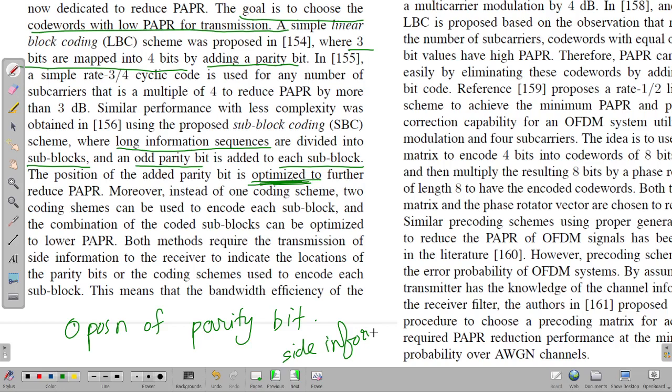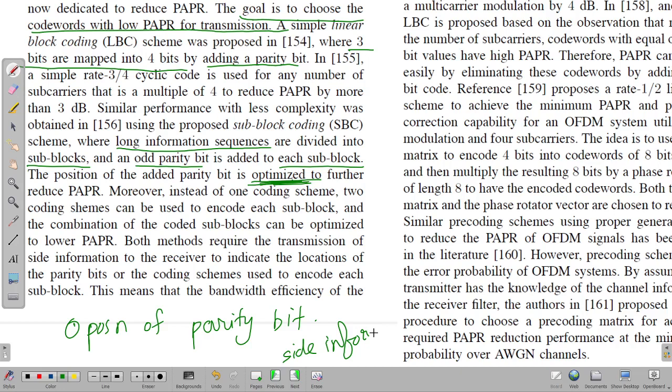Okay. So if you transmit additional data, side information, remember side information is not part of the original information. It is some information that we use to reduce the error, and the spectral efficiency reduces if you transmit side information.